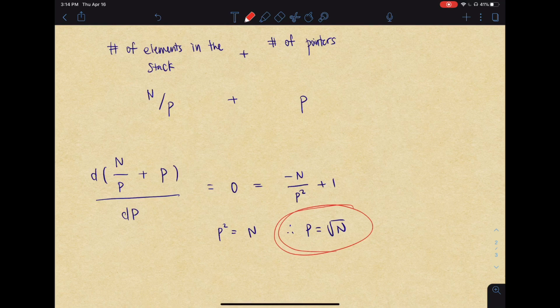So we just mathematically showed that the optimal number of pointers is root n, and of course this leads to a space complexity of root n, because n over root n is root n. So the number of elements in the stack is root n, and the number of pointers is root n, and we have 2 root n, so the space complexity after dropping the constant 2 will be O of root n.